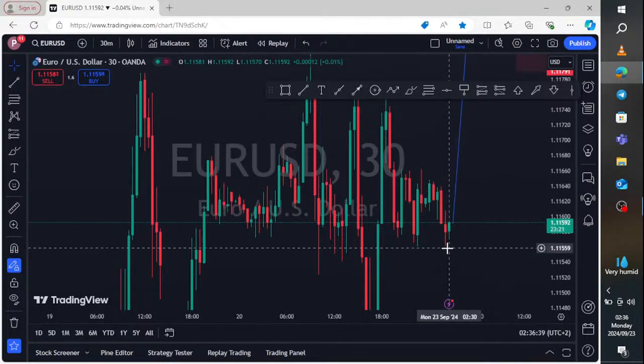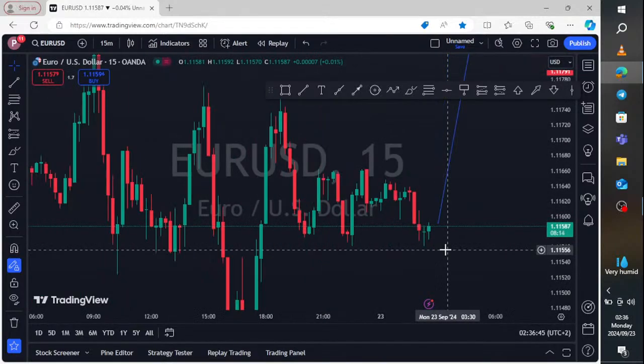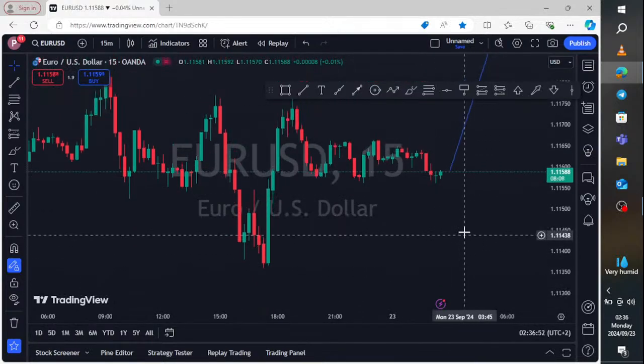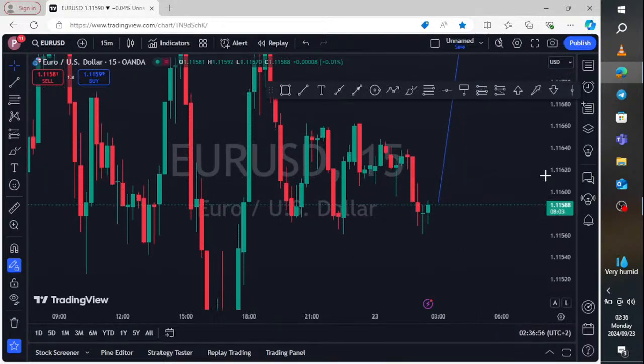Now let's look at the 15 minutes time frame, because on the 30 minutes we don't have any early continuation, as in maybe we could have gotten an early continuation to the upside. Neither do we have a continuation entry from that.